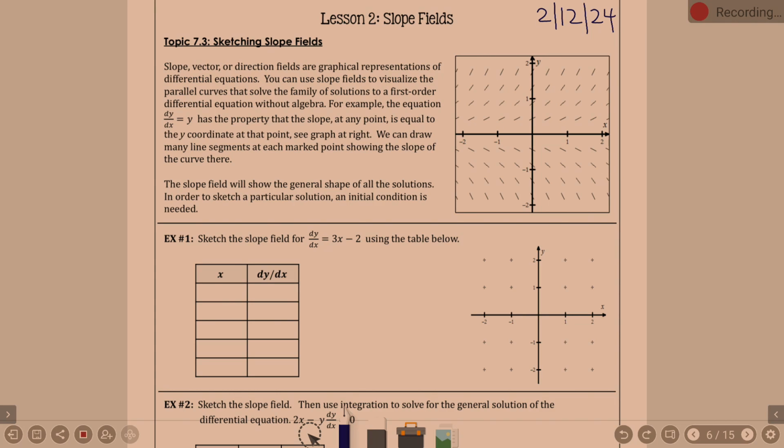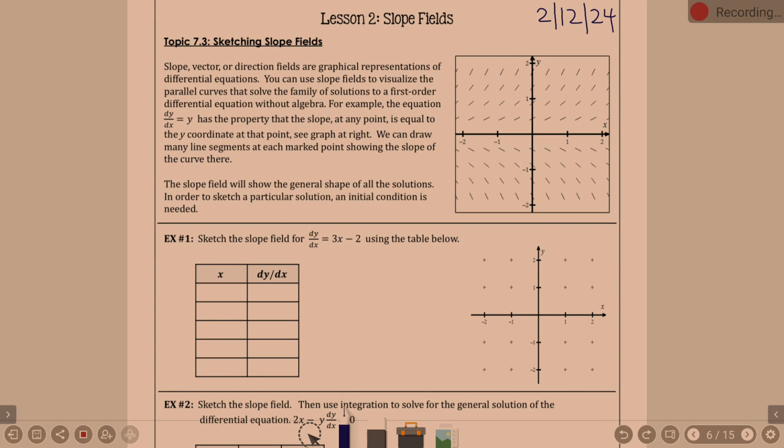Each row is a value of y. When we have horizontal lines like this, this is y = 0, this is y = 1, y = 2, and so on. All of those slopes across the whole row represent the slope at that point. So the ones right below 1 have a slope of about 1, and the closer you get to 2, the slopes are about 2, and so on.